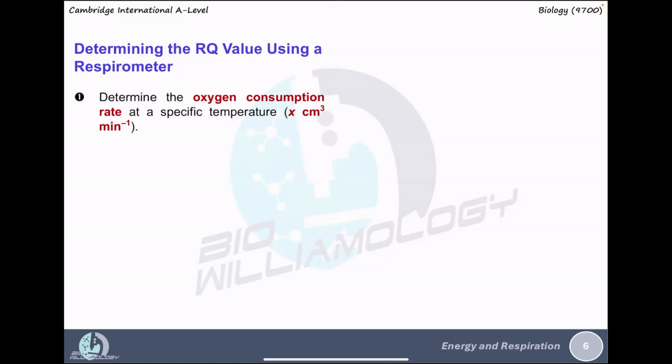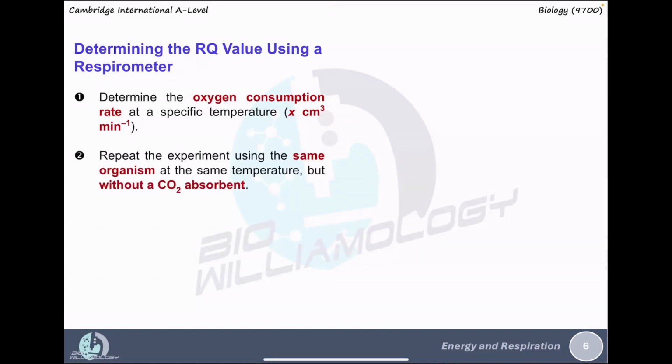However, in order to use this respirometer to determine the volume of CO2 released during respiration, we need to modify this respirometer. Why? Because if this respirometer contains soda lime, it is impossible for us to measure the volume of CO2 released per unit time, because whatever CO2 released will be absorbed by the soda lime.